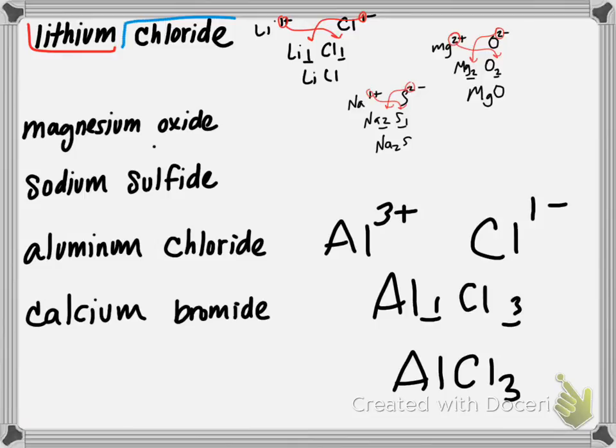It's very common. Okay. So Group 13, like aluminum, those are going to lose 3 electrons, so they're going to be plus 3.